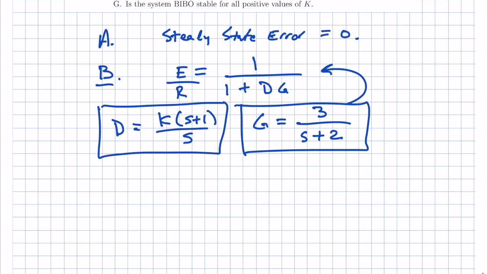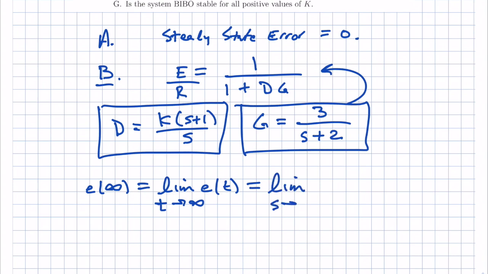From there, what we're looking for is the steady state error. So that's the limit as t gets really large of the error signal. And I can use the final value theorem to get that. That's the limit as s goes to 0 of s times E over R, the transfer function, multiplied by R.